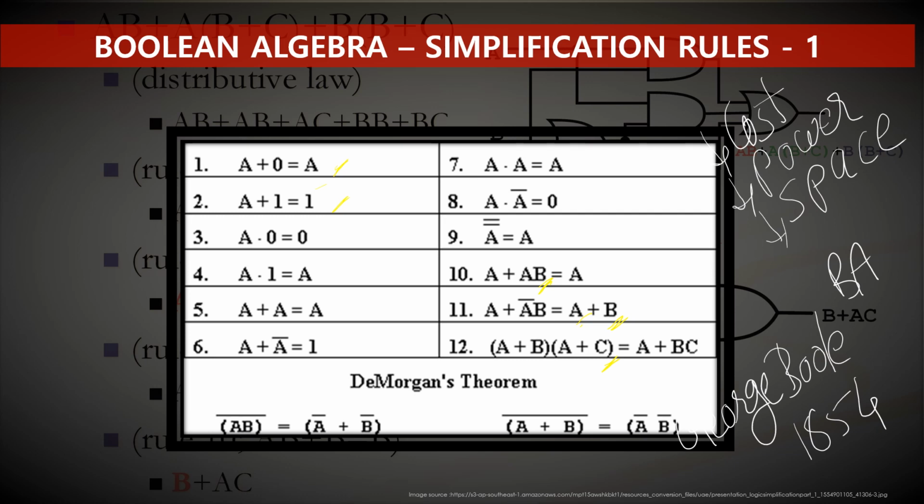Means if I say A plus 0, my A can be anything, 1 or 0. I don't know what the value would be, but at the end my output would be A only. So there are a few rules here, and you need to remember all of them, and of course you can validate all these rules with the truth table.